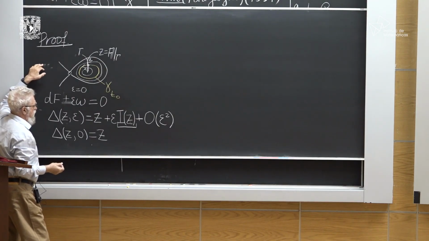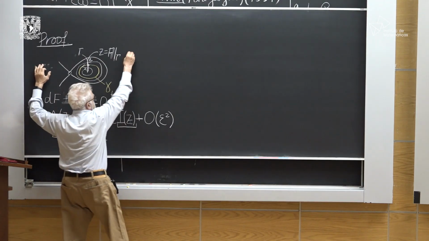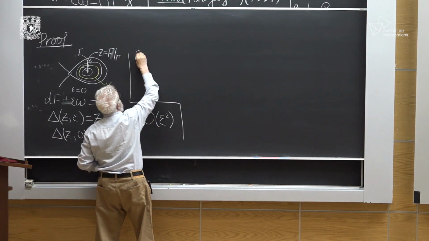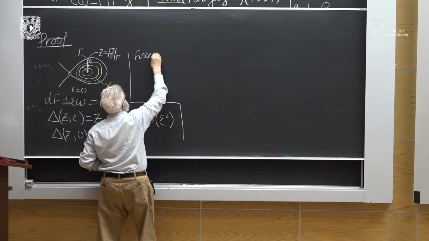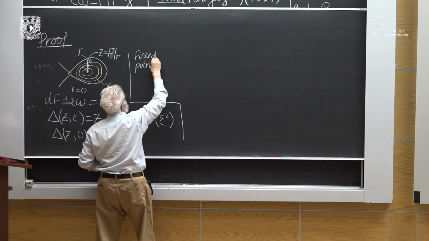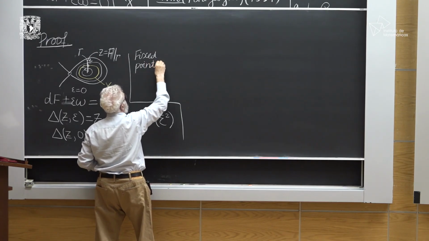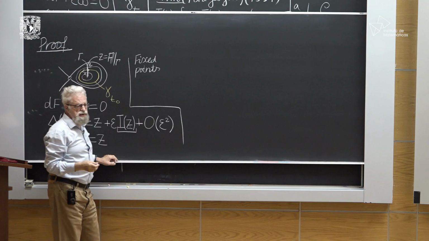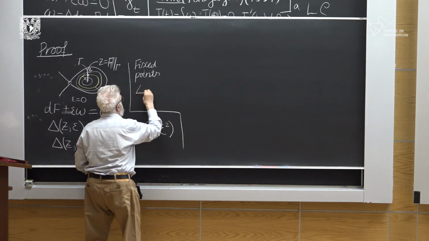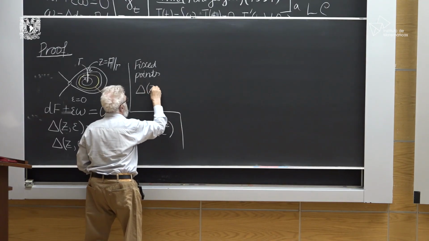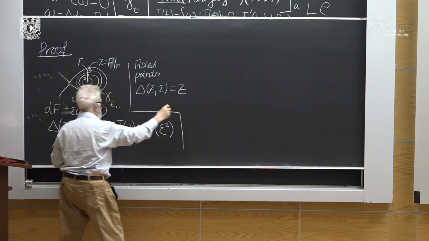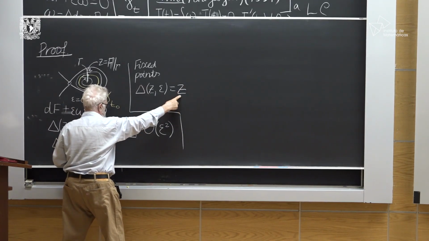So now we look for the fixed points. Fixed points of the Poincaré map correspond to the closed orbits. So we write down delta of z epsilon equals z. This z and this z are cancelled.